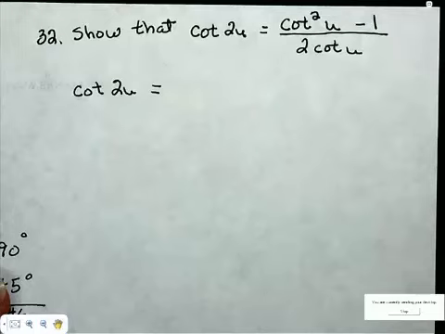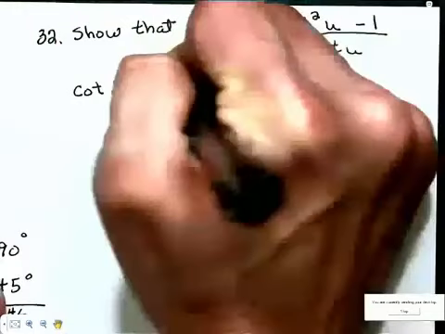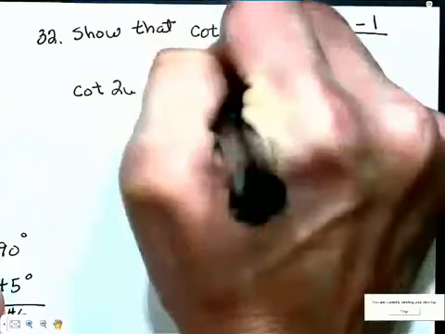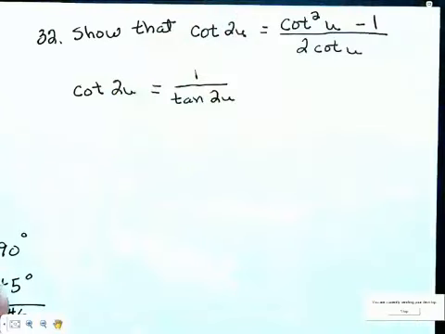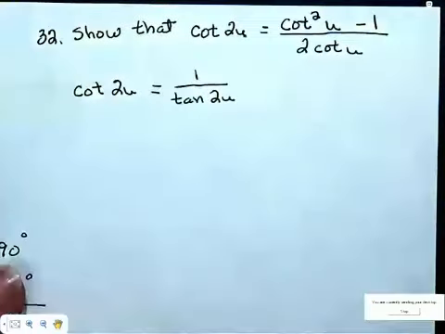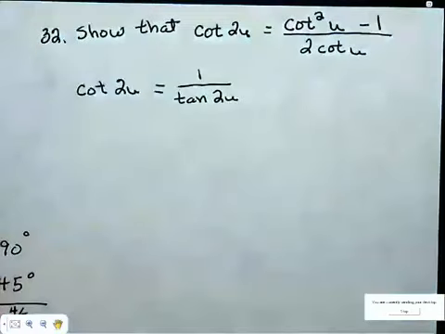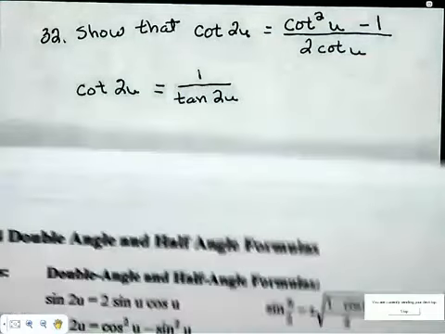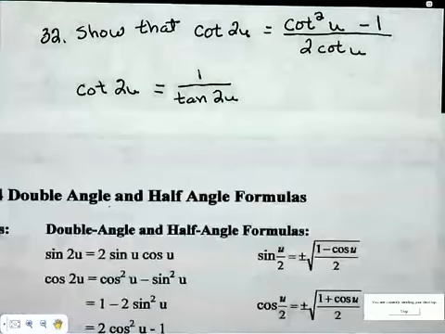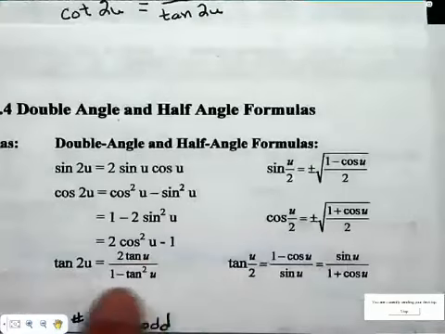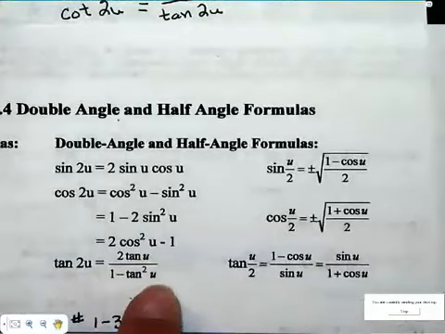Yeah, cotangent 2u is 1 over tangent 2u. That's the definition of cotangent. And then I have formulas for tangent 2u. Actually, yeah, I only have one. 2 tangent u over 1 minus tangent squared u.